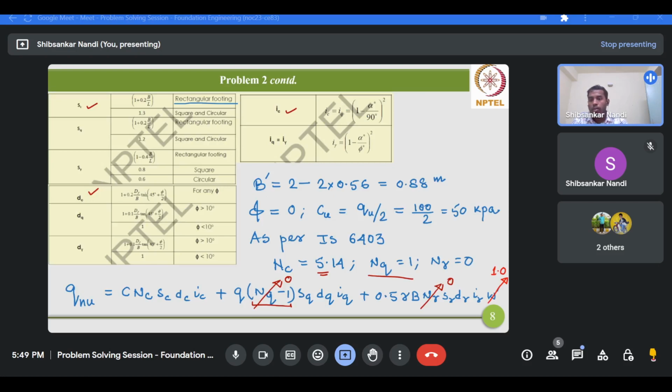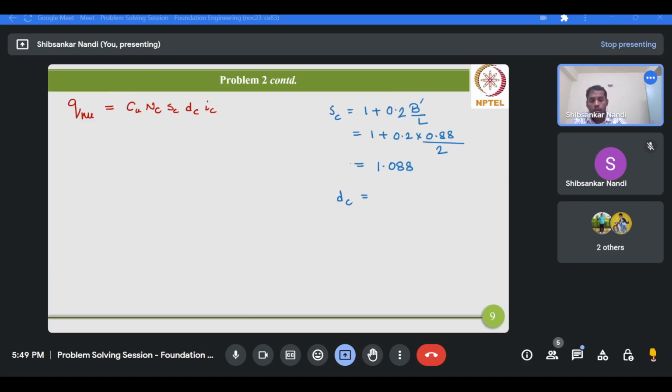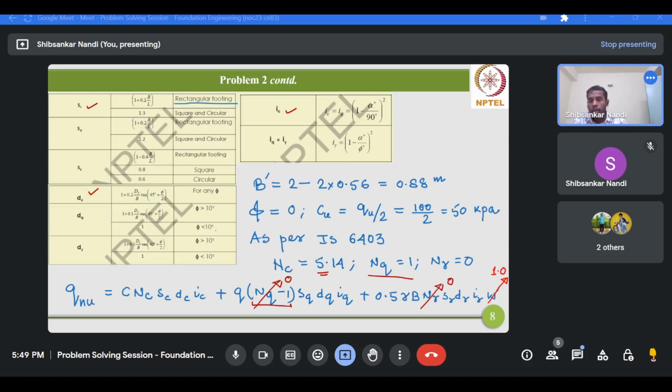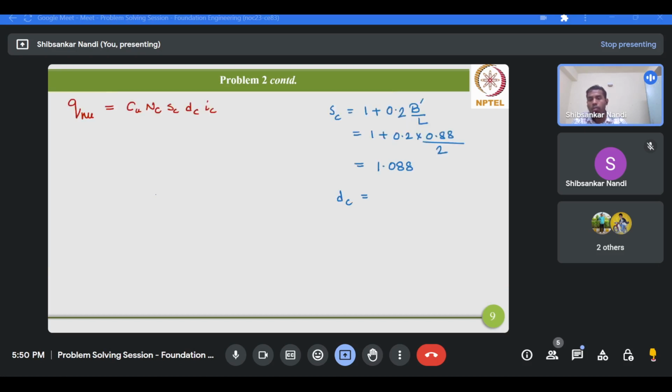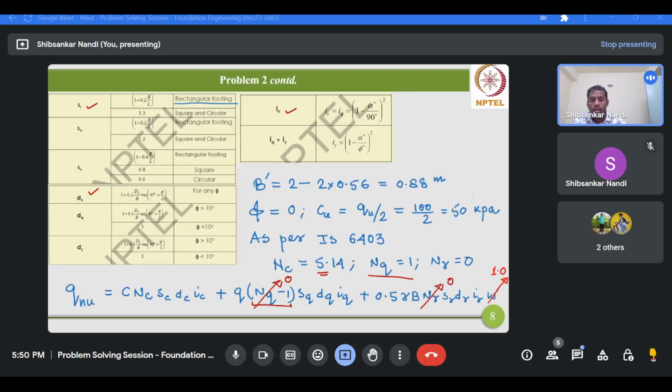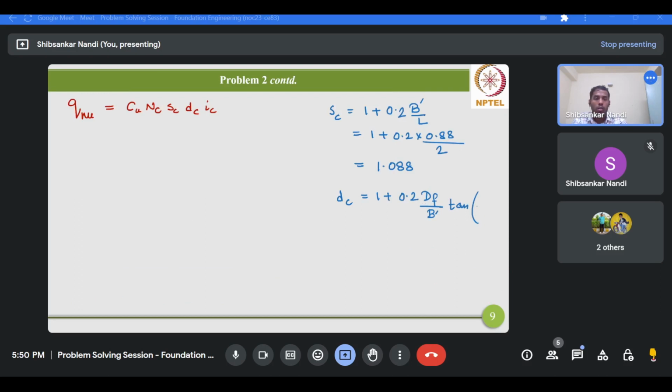Now coming to Dc, so it will be 1 plus 0.2. Okay, here phi value is less than 10 degree. Oh no, sorry, I am making one mistake. So this is for the Dq part. For the Dc part, for any phi, this is the expression: 1 plus 0.2 Df by B prime times tan of 45 degree plus phi by 2.